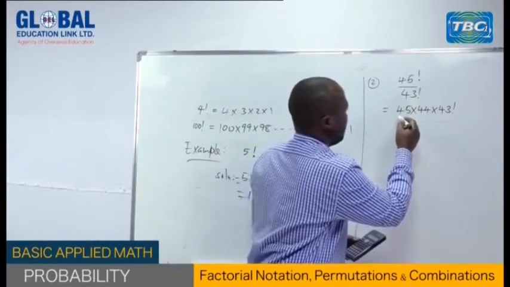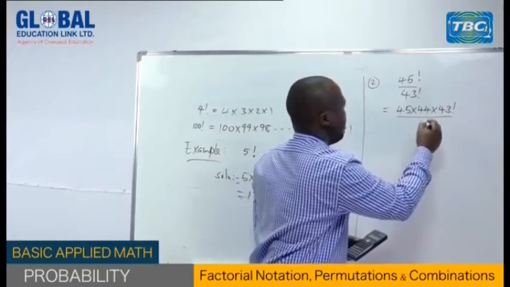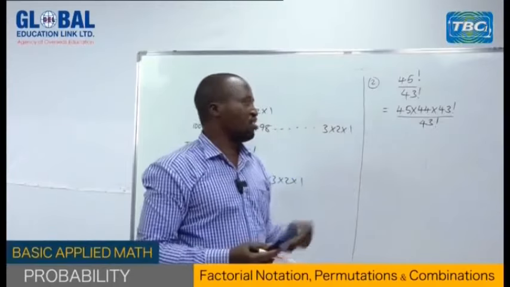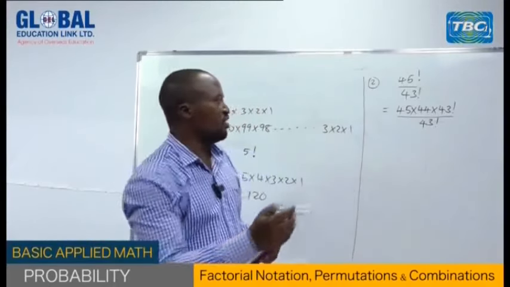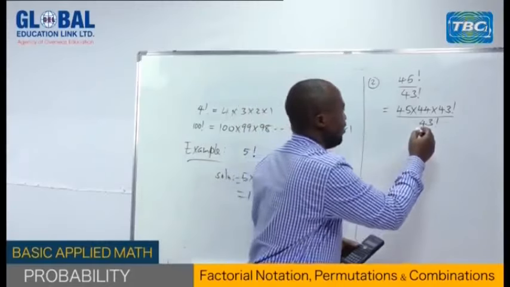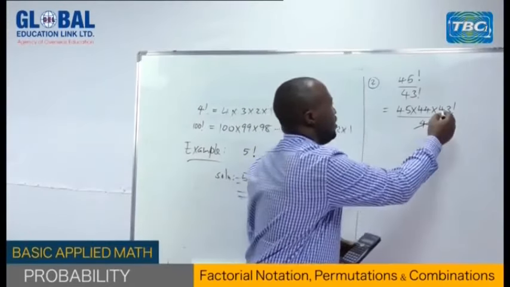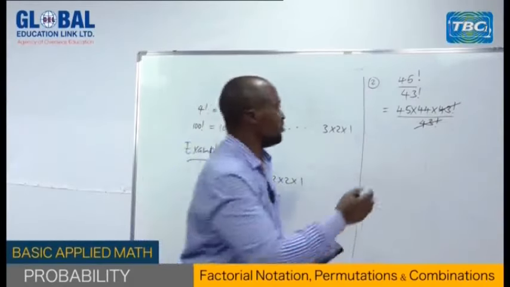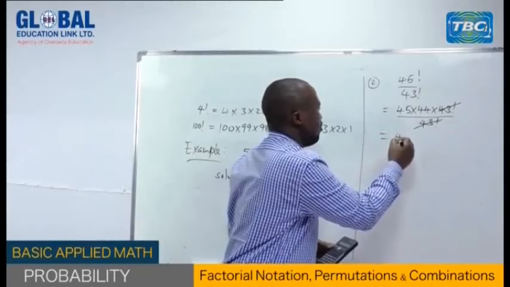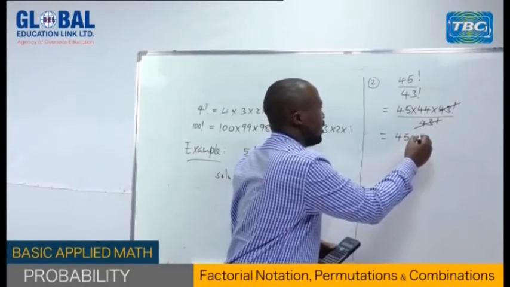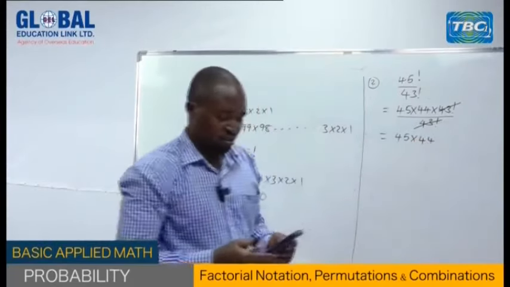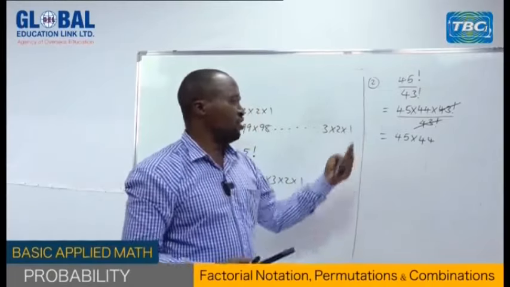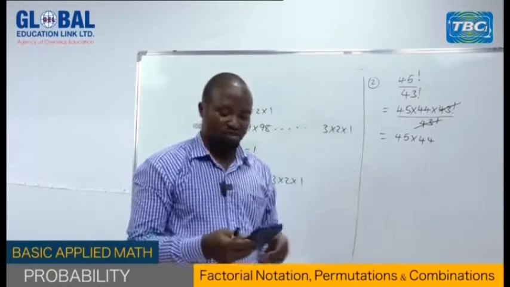So this one is divided by 43 factorial. Now our work is so simple because we can simplify: 43 goes with the 43. Now what remains in our solution is equal to 45 times 44. So my dear student, by using your scientific calculator, you can compute the product we have here.